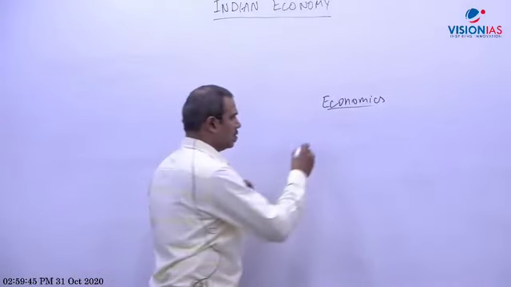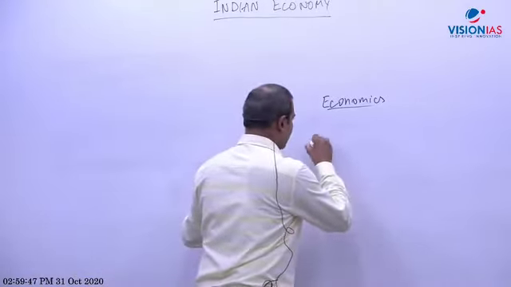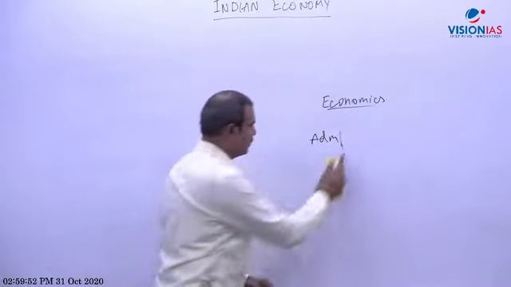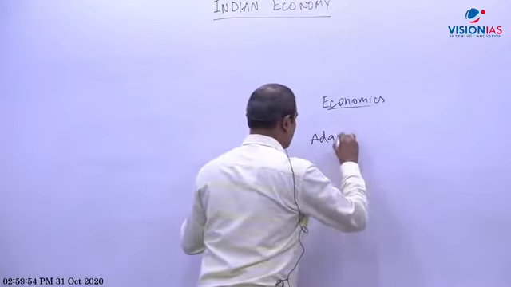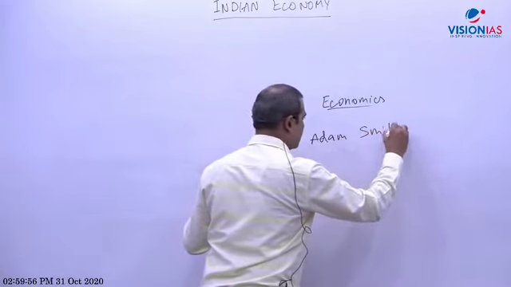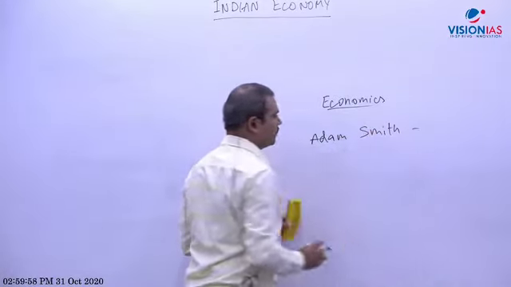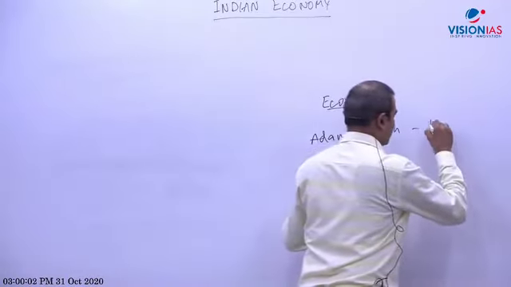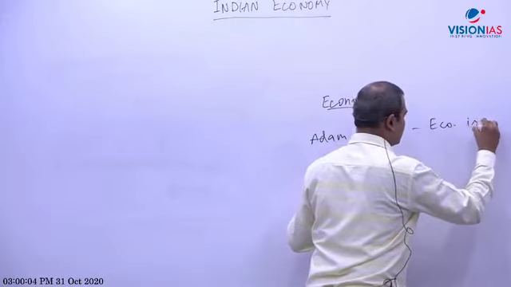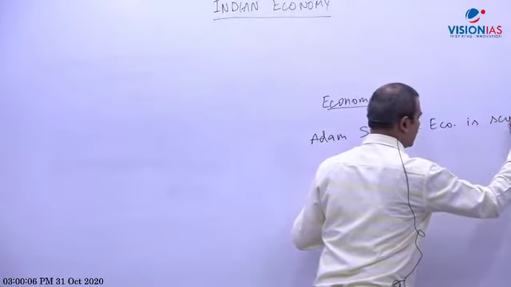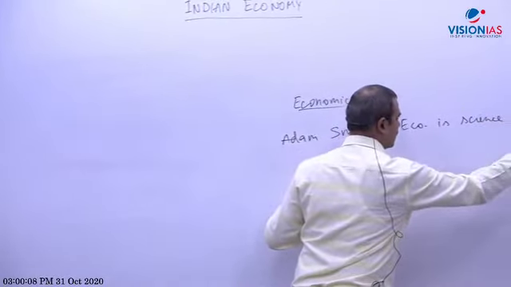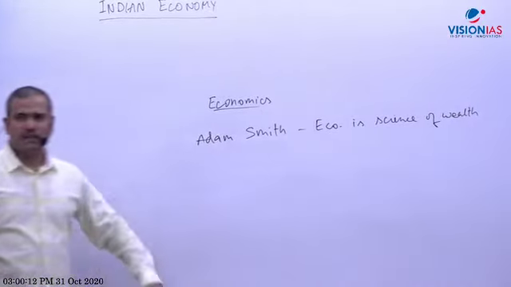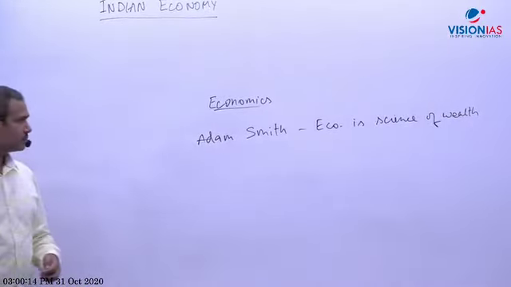And there is one definition by Adam Smith. Adam Smith defined economics as the science of wealth. So one very simple definition is science of wealth.